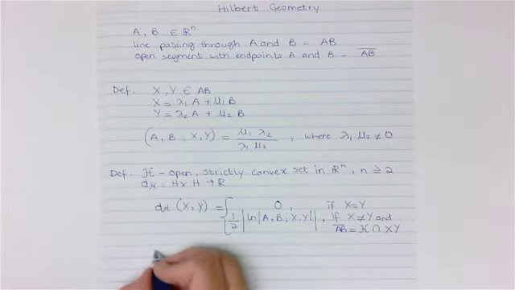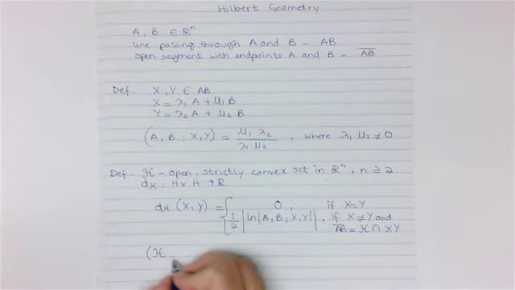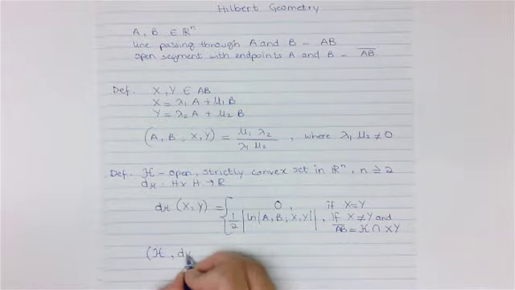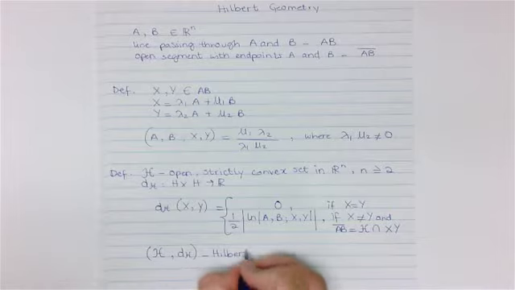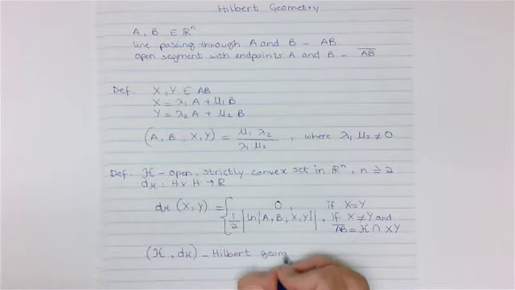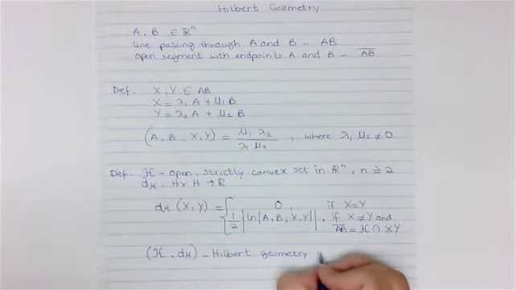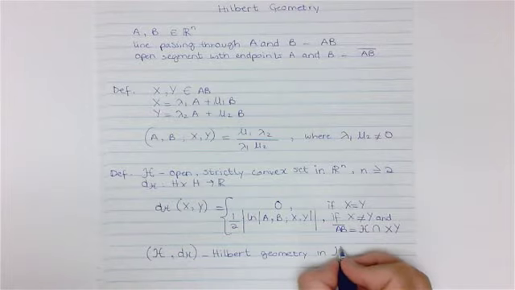Now, this pair, H and the metric on H, is called the Hilbert geometry in H.